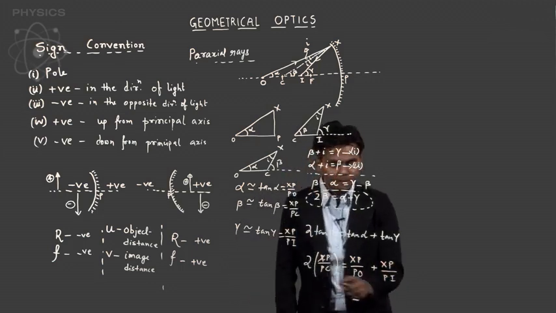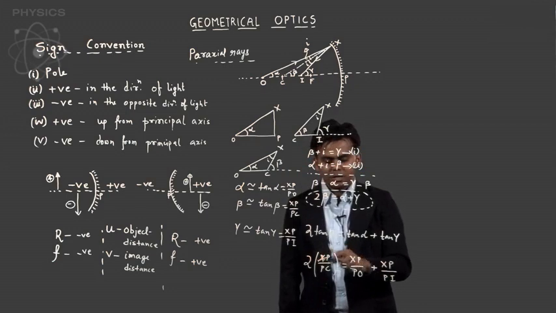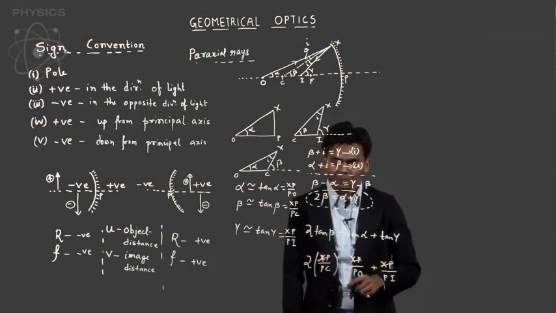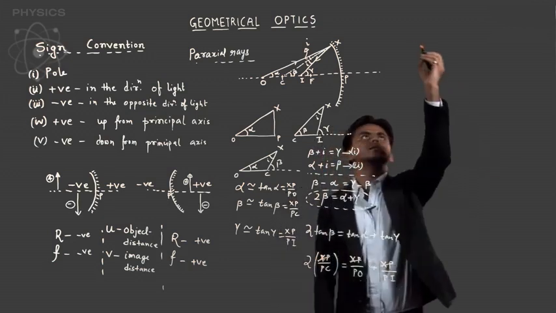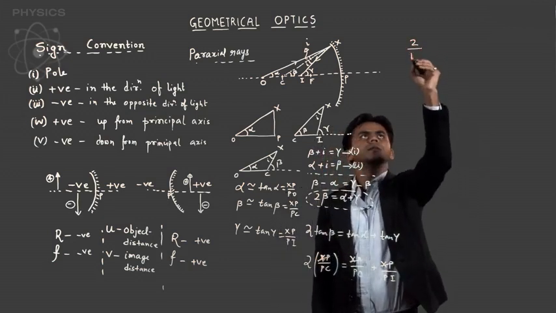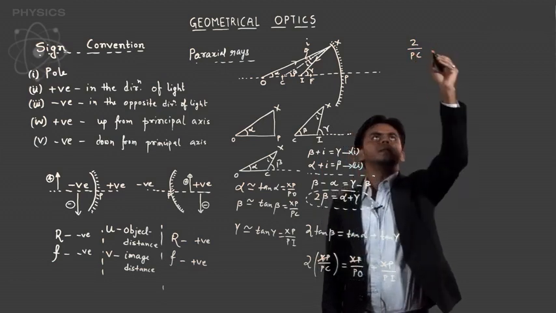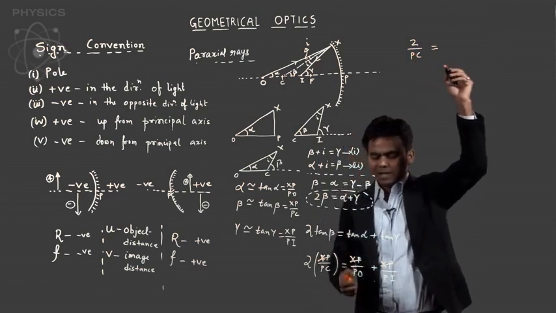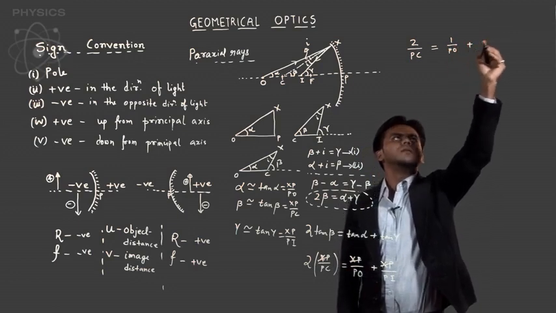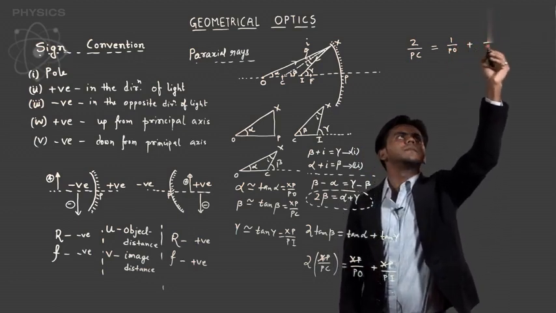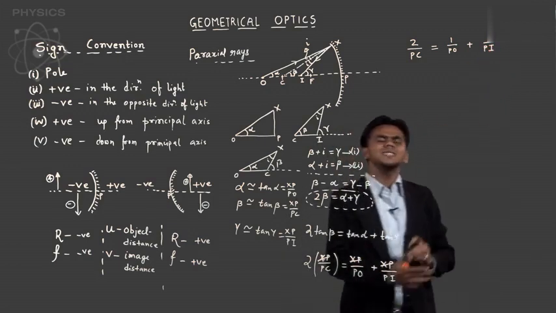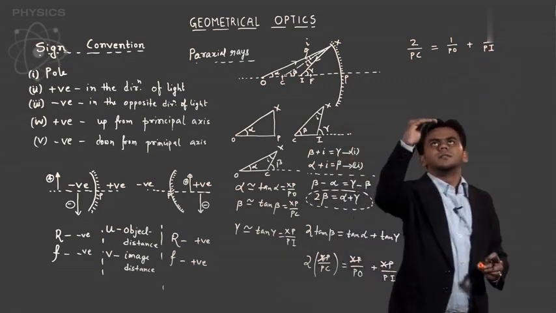In this thing, XP is common. I can cancel them out. So what I'm left with right now is 2 upon PC is equal to 1 by PO plus 1 by PI. Now this is a groundbreaking result.